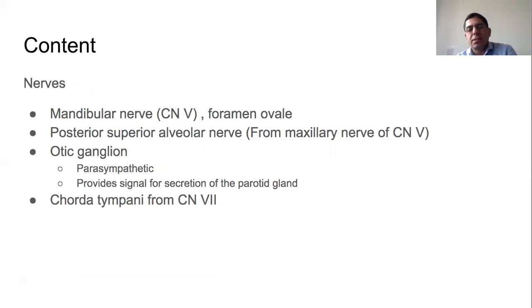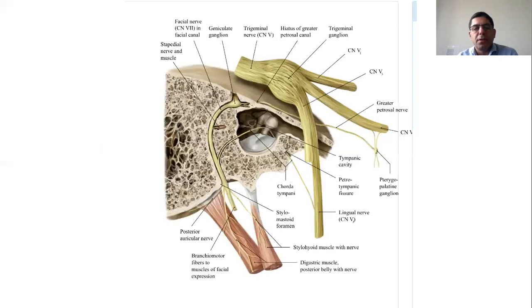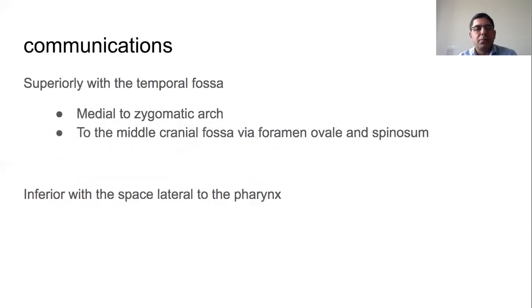But it's in this area still as the chorda tympani, before it goes to the lingual nerve. There are a few ganglia in the area, about four of them, and we need to know these.